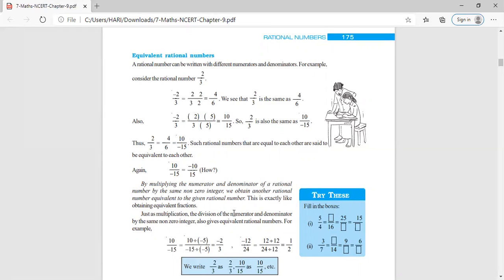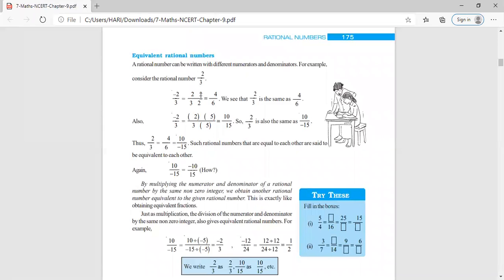For example, minus 2 by 3. Here the numerator is negative and the denominator is positive. Doesn't matter, we can multiply by any number, either positive or negative. Only one condition: the numerator and denominator should be multiplied by the same integer.